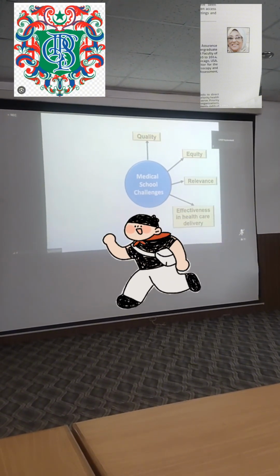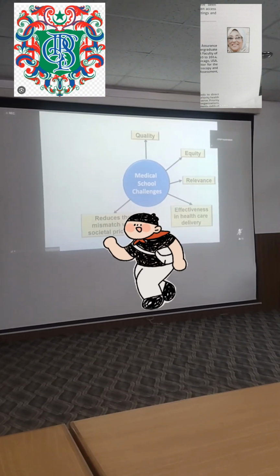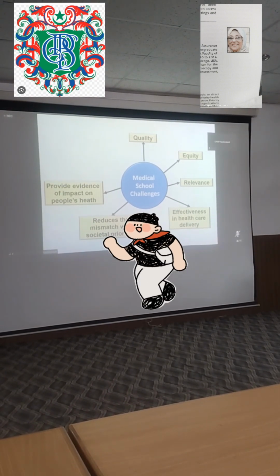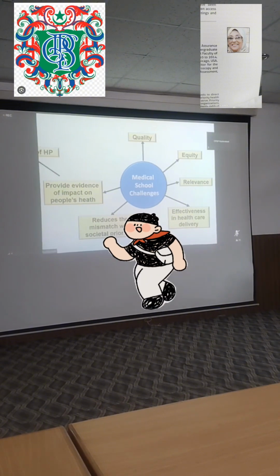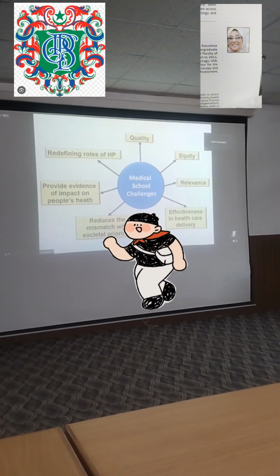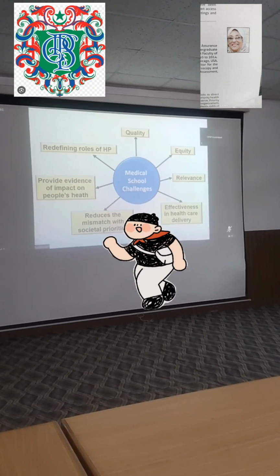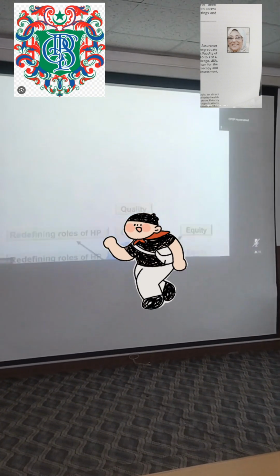There should be effectiveness in healthcare delivery. The medical school should reduce the mismatch with the societal priorities, provide evidence of its impact on people's health, and redefine the roles of health professionals. So for all these challenges, the medical school has to change its aims.